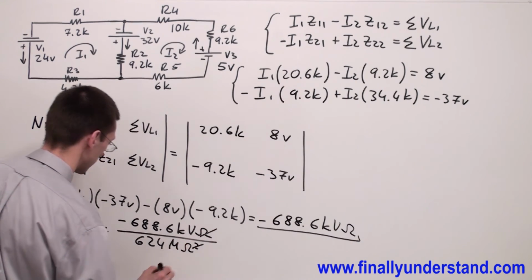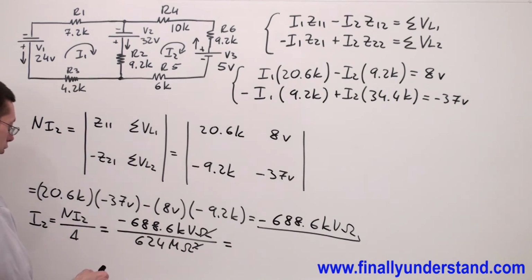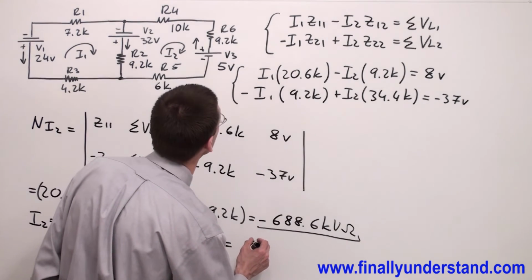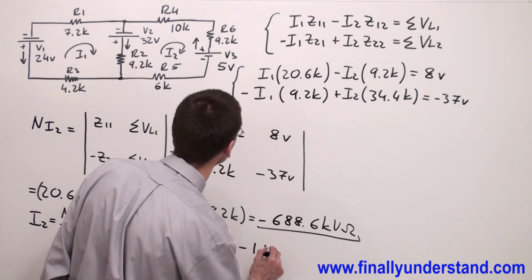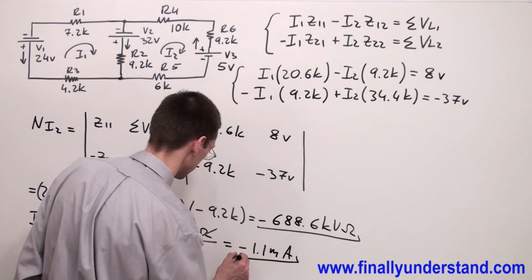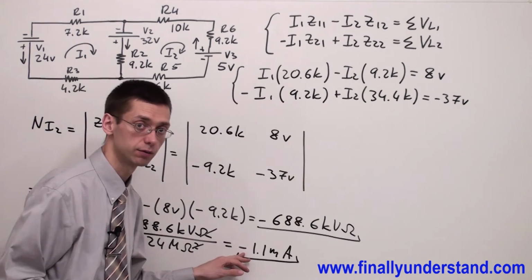Ohm and square cancels out, and if you are going to divide these two values, you are going to get 1.1 milliamp, and of course negative 1.1 milliamps. Please keep in mind that this current is also negative.